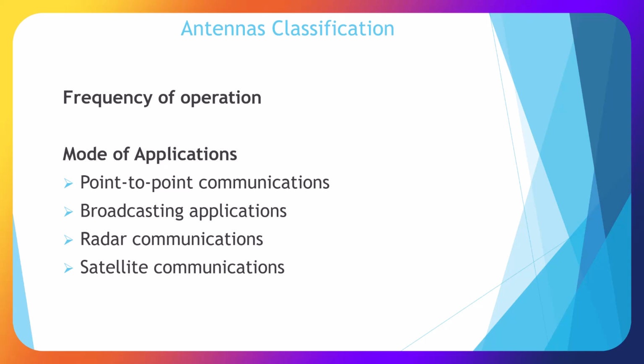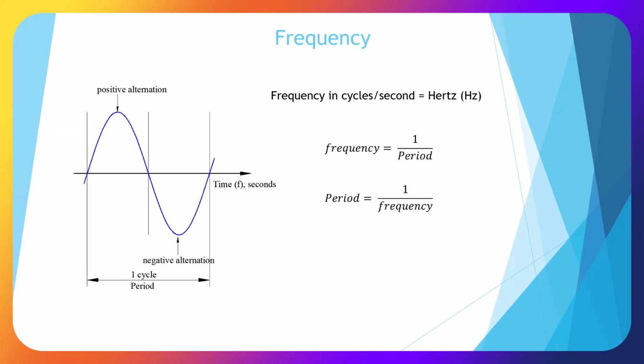satellite communications. Okay, we use frequency when we have a sine wave here, and that depends on the number of alternations within a period of time. And our period, which goes from one cycle to the other, the time low to the time high, is 1 over frequency.